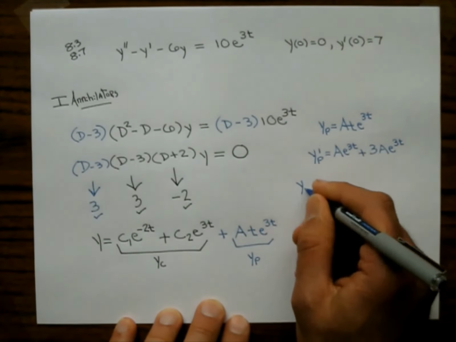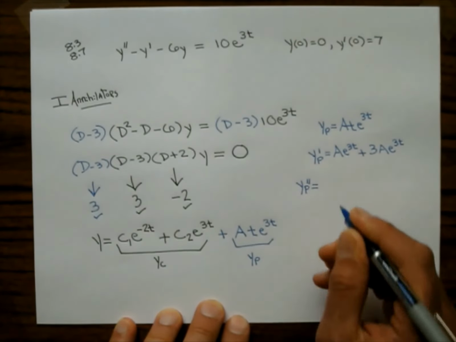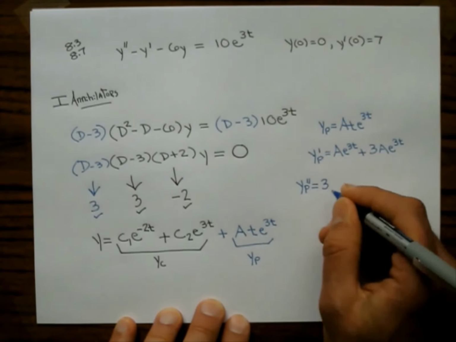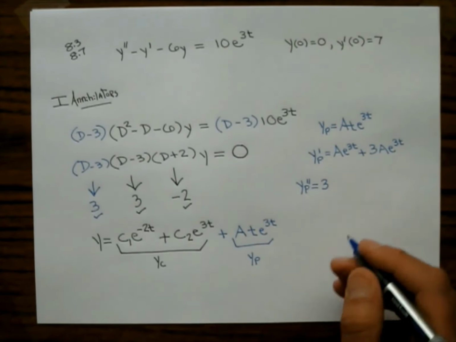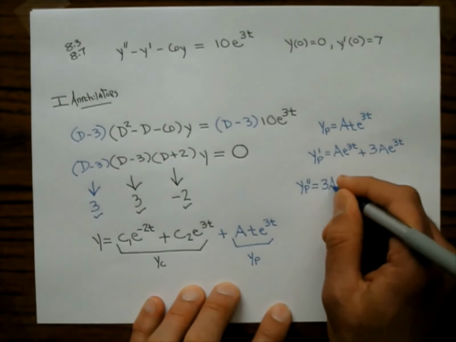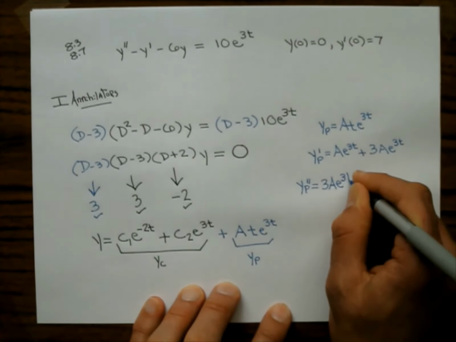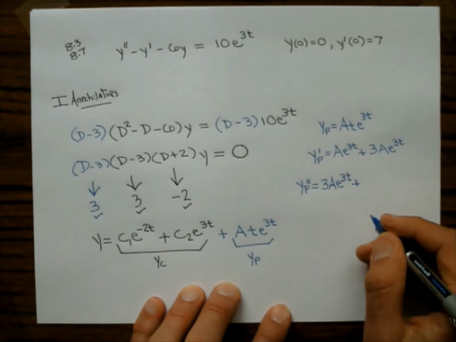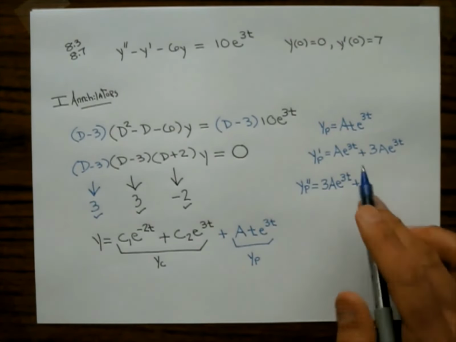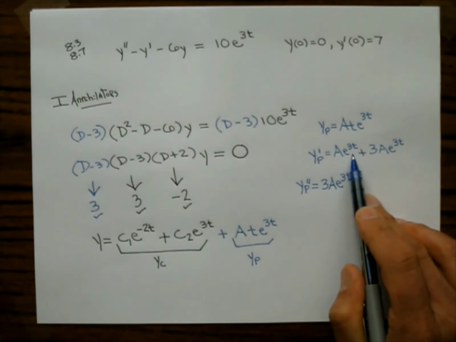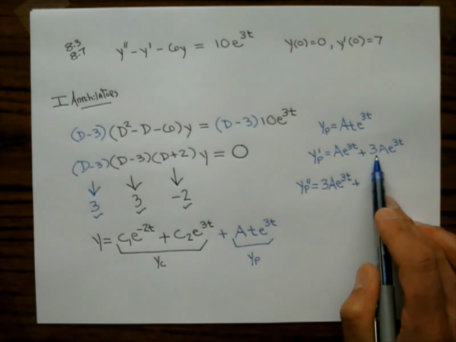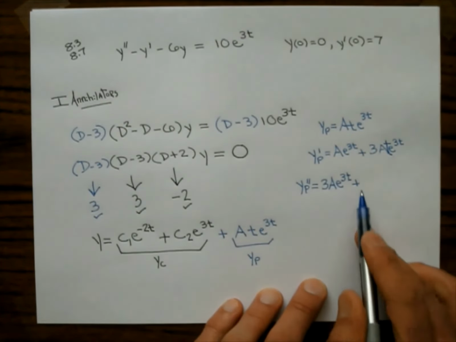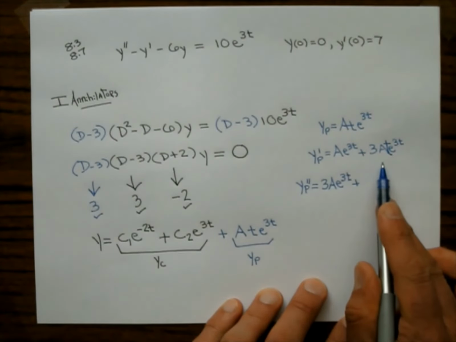Okay, I need y double prime, which is going to be the derivative of this guy, which is 3a e to the 3t. And then I'm going to do a product rule here. The derivative of the first times the second plus the first, which is at. So there's a t in there.